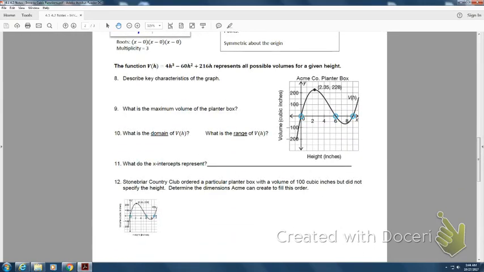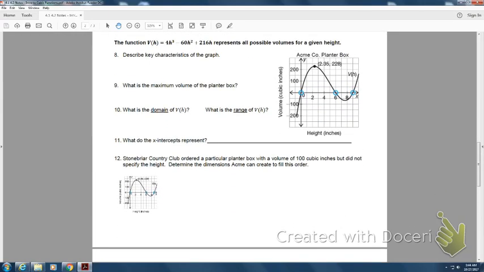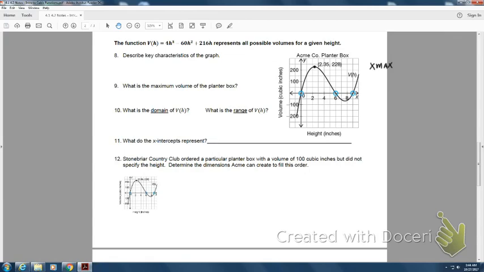So let's go down, talking about the planar box stuff as well. Whenever we graph this, let's go ahead and do that. You already have the equation in there. If you would hit window, we have to adjust the window quite a bit so that we can see this graph.